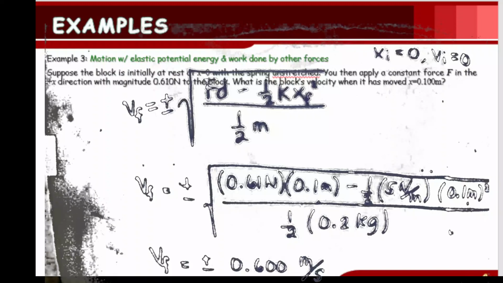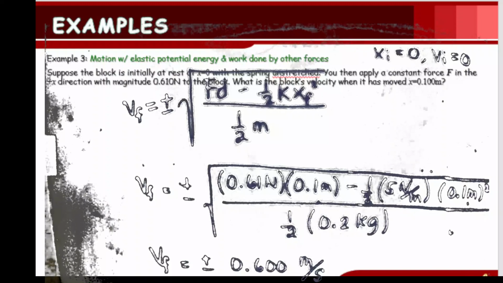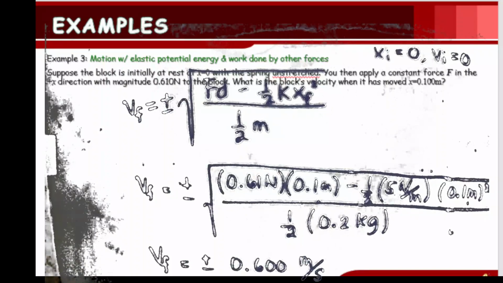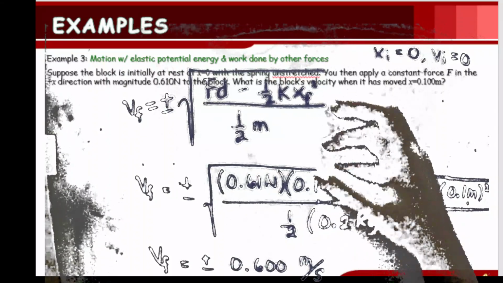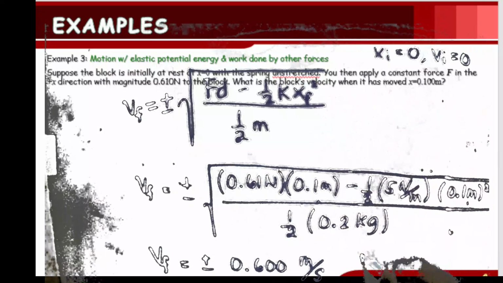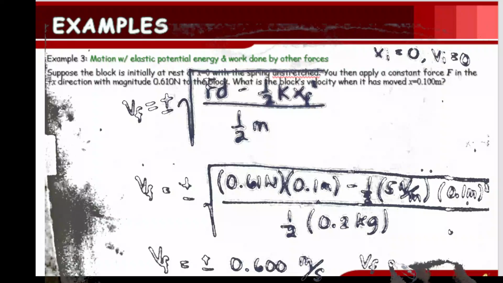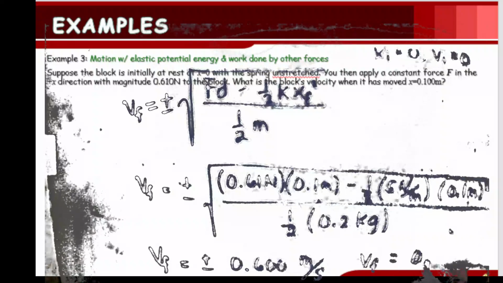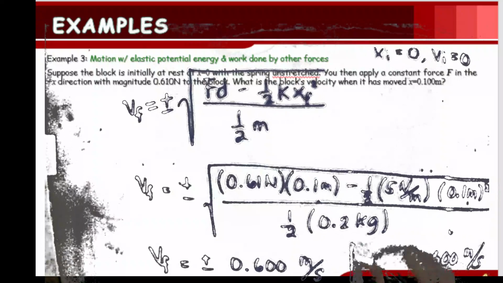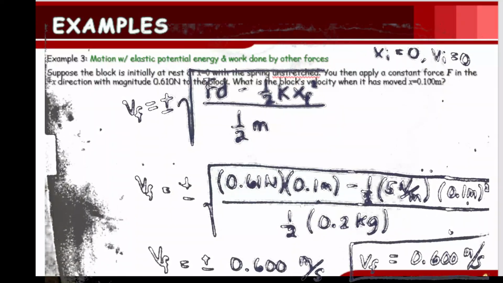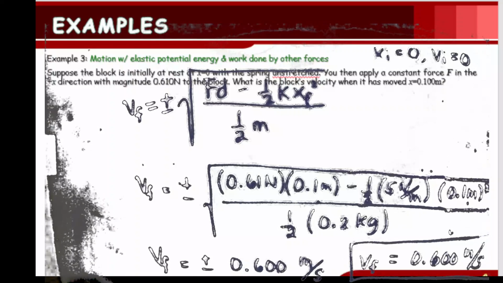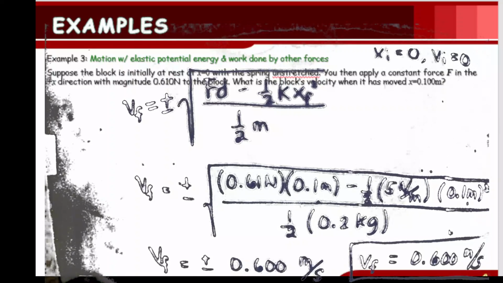Now, it is either positive or negative 0.6 meter per second. Take note, it is being stretched rightwards, directing to the positive direction. So, therefore, the value we give for the final speed is the positive value, 0.6 meter per second. Okay? That's it. Thank you for listening.